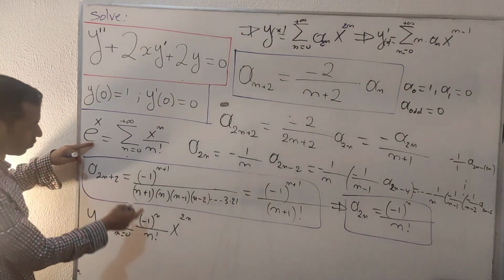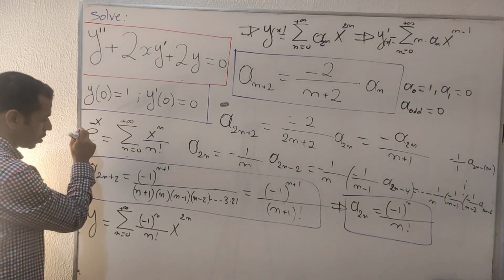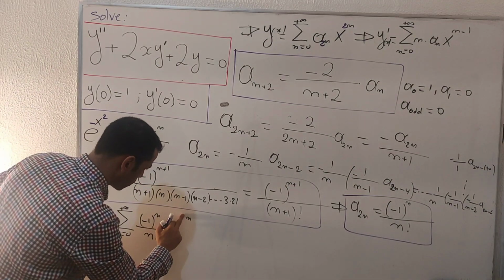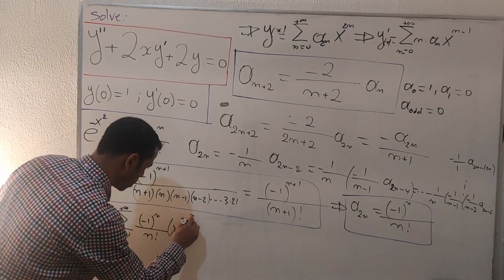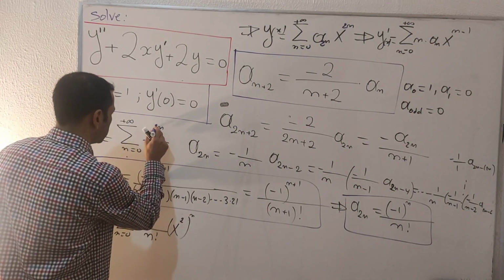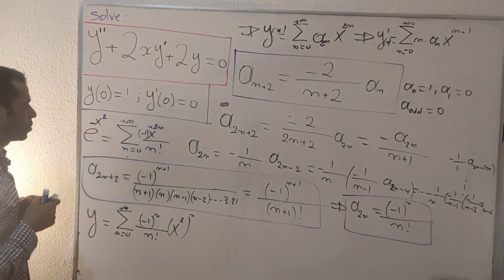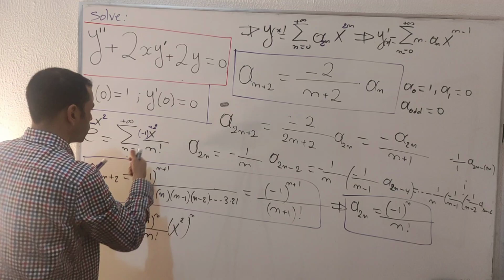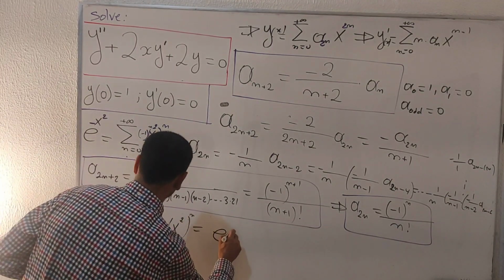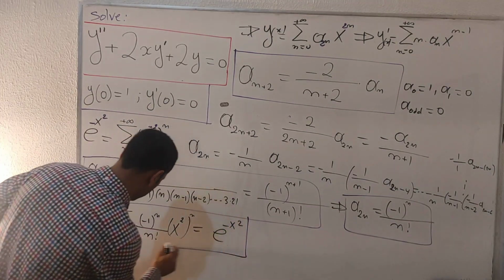By using this formula, replacing minus x with x squared, because I'm going to raise it as a power, this becomes 2n, minus 1 to the n, like this. It gives us exactly e to the minus x squared. This is the solution for this equation.